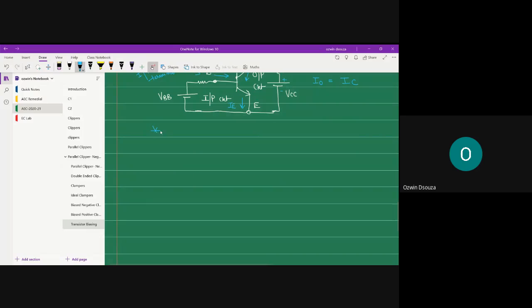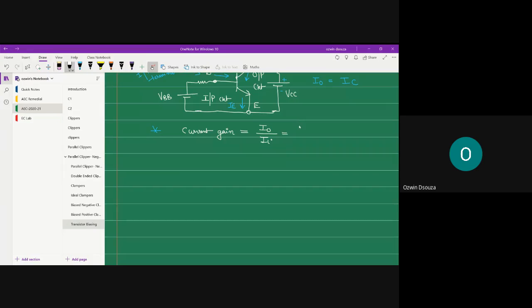Now, on the basis of input and output current, a very important factor can be derived. That is called the current gain. Current gain is defined as the ratio of output current to input current.